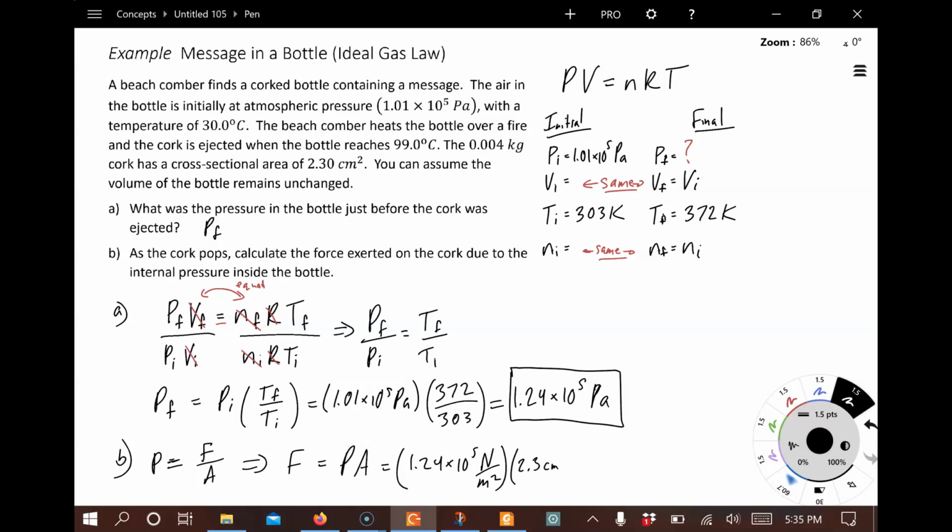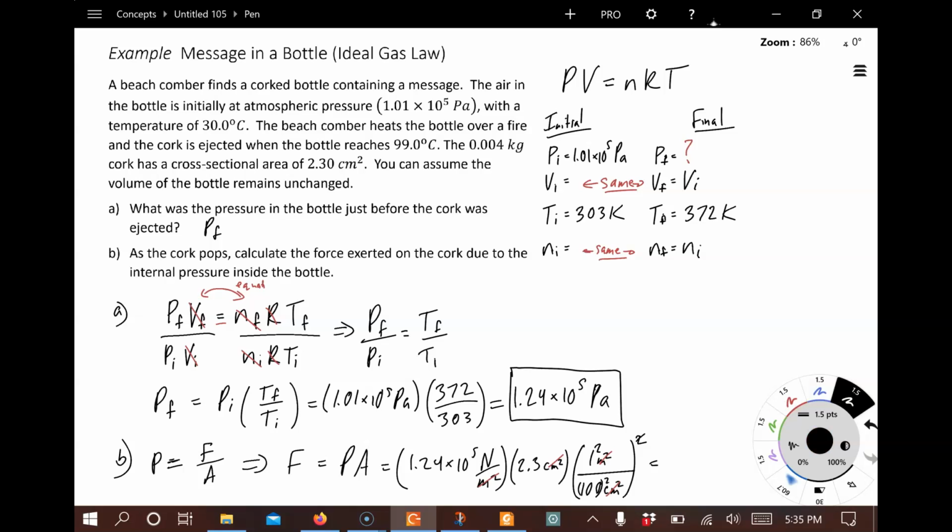Because the area here is 2.3, well, we got centimeters squared, right? We're going to have to do a little conversion here. 100 centimeters per 1 meter. We got to square both of those. That means we'll square this, and we'll square that, and we'll square that, right? And when we do that, we're going to cancel out our centimeters. We're going to cancel out our meters squared, and we're going to be left with newtons.